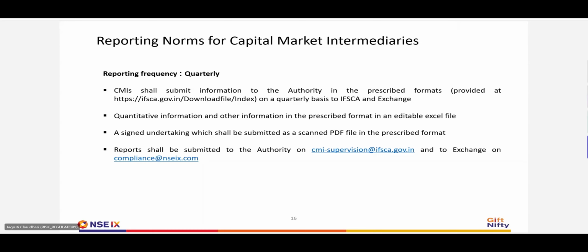You can refer to the circular of IFSCA. The quarterly format reporting has to be sent directly to IFSCA as well as to the exchange. All the information compulsorily needs to be provided, only in the format which is there.